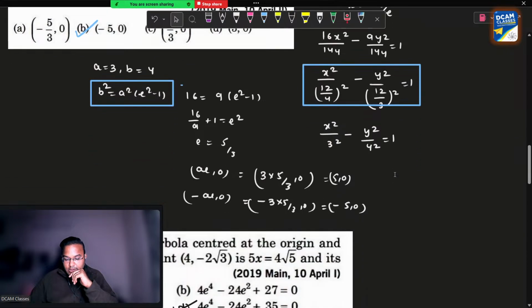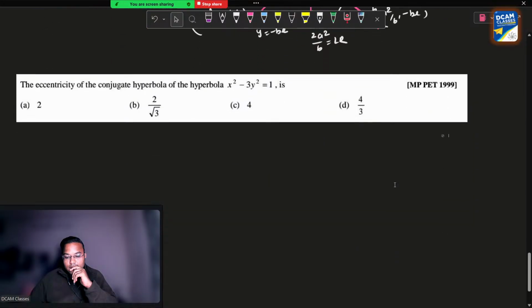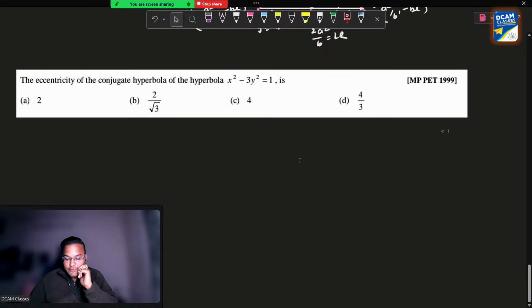This question I have given. Yeah, the answer is 2. I don't know the option. Which one is the answer? Option A, 2. I think 2 is the correct answer.